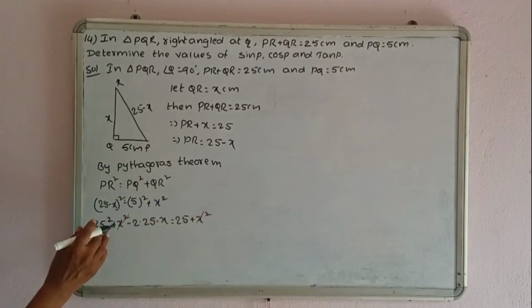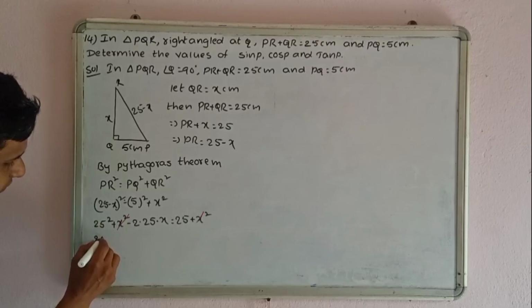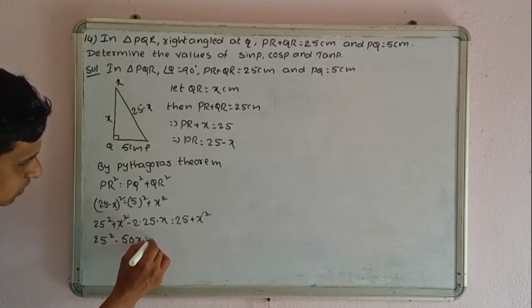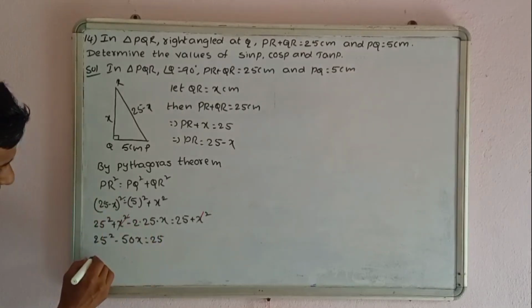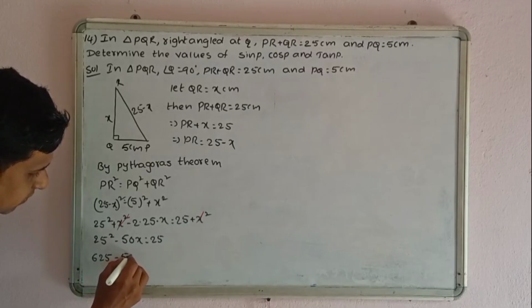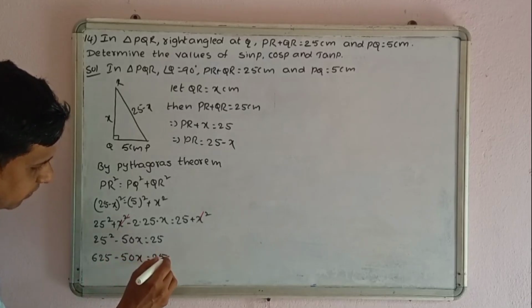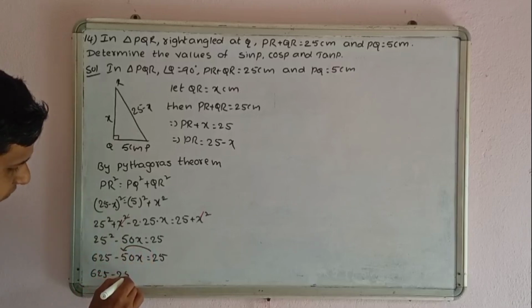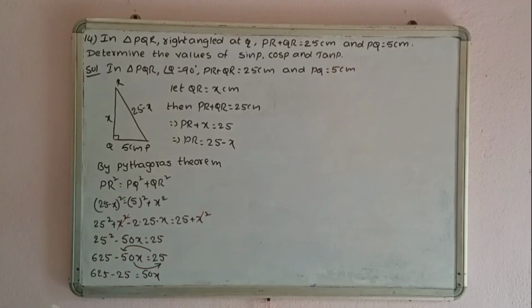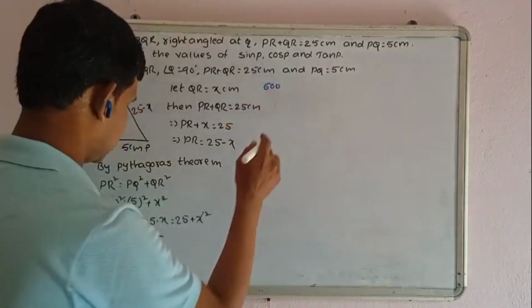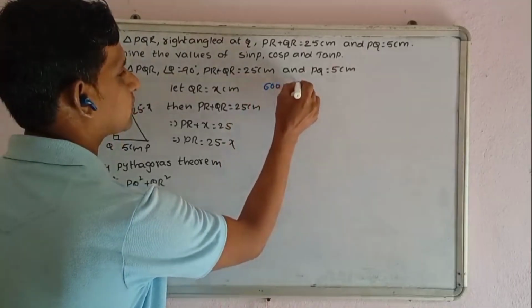Now 25 square minus 50x equals 25. 25 square value is 625, so 625 minus 50x equals 25. Transposing, 625 minus 25 on the left side, and 50x on the right side. That equals 600 equals 50x.